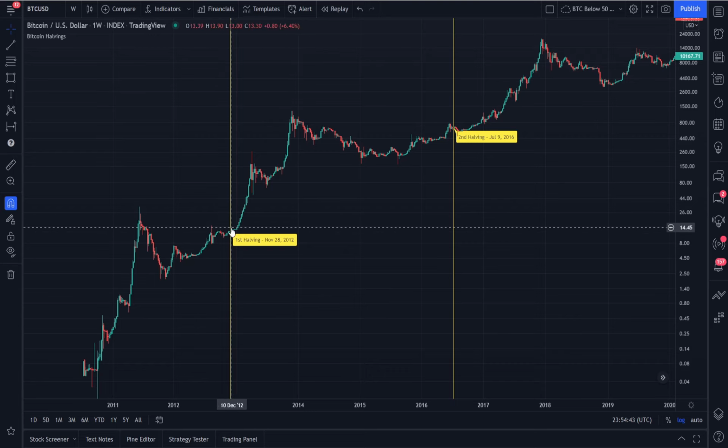So the miners will then hold on to their Bitcoin here, and that will cause a supply shock, as it's termed. And what that does is raise the price of Bitcoin, because now if you're interested in purchasing Bitcoin, well, there's no supply.